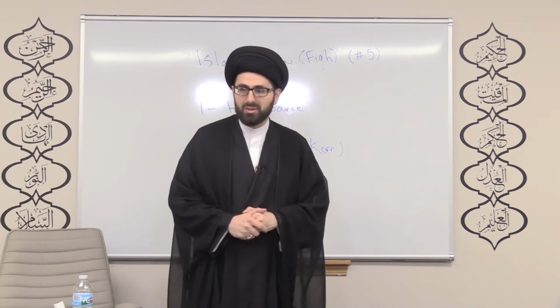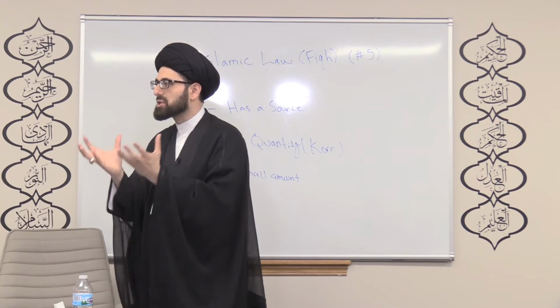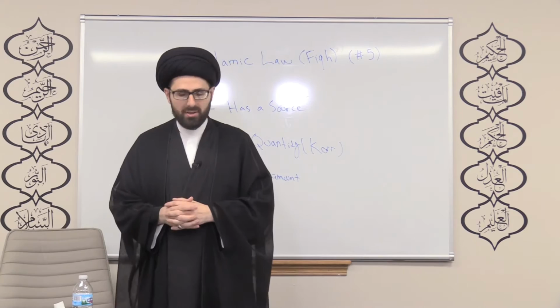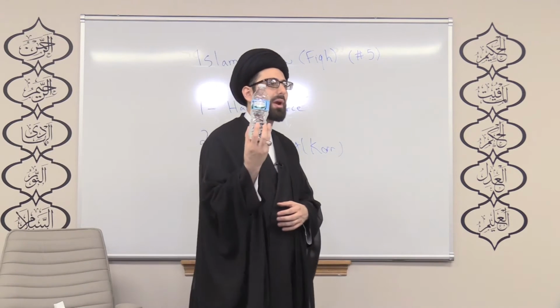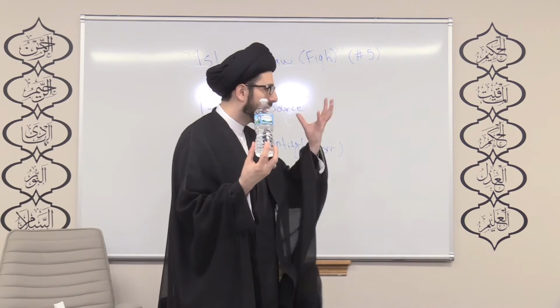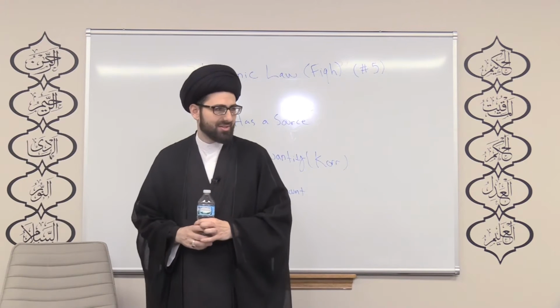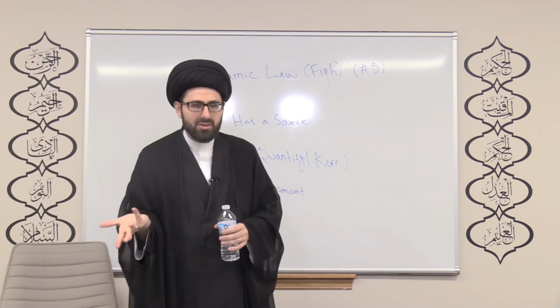Okay, very good question. If you have a small quantity of water and you put it under the rain, it rains on it. Even if it's just a few seconds, 30 seconds, a minute, there's just rain. Does that purify it? Yes. We said that rain purifies water like that. So if there's a ponding of water on the street and it's najis, if the rain comes and the najasa is no longer there in it, because if the najasa is still in there, it's going to contaminate it again.